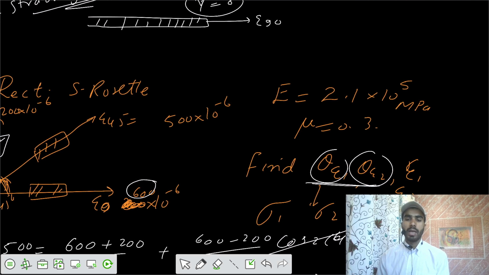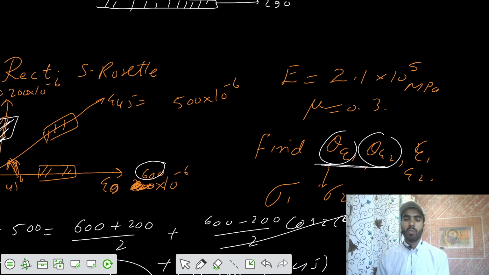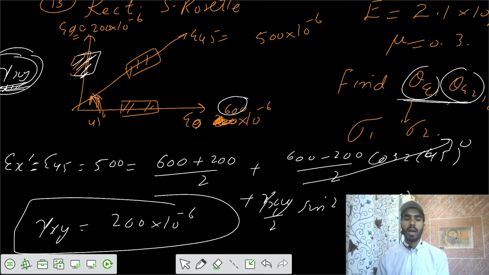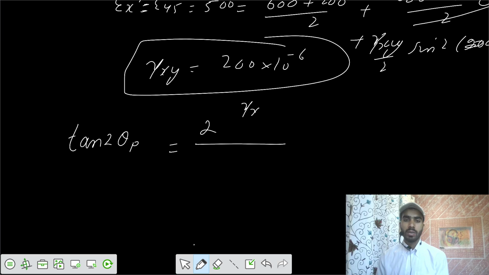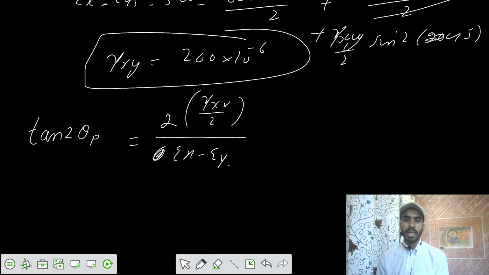Now if you want to find the location of that principal plane, where the major principal strain or minor principal strain is acting, we can use the equation tan 2 theta p equals 2 tau xy by sigma x minus sigma y. For strain, we have gamma xy by ex minus ey.